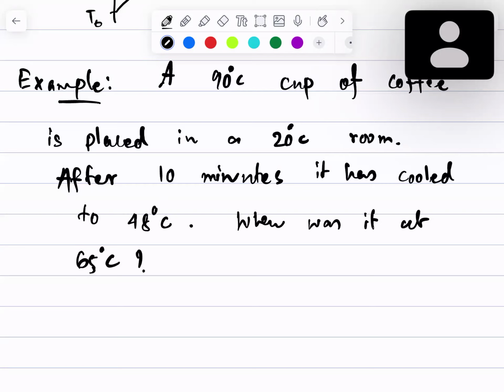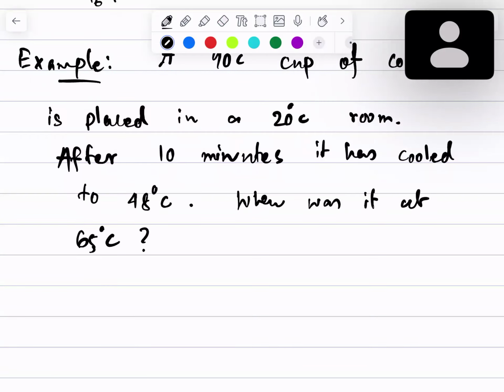So the question is, you have a cup of coffee. Initially, it was 90 degrees Celsius. And after 10 minutes, the temperature of the coffee is 48 degrees Celsius. The question is at what time it was at 65 degrees Celsius.